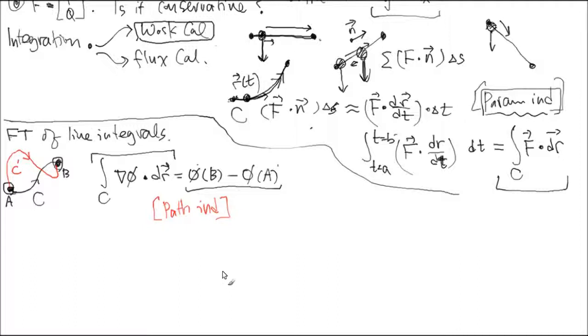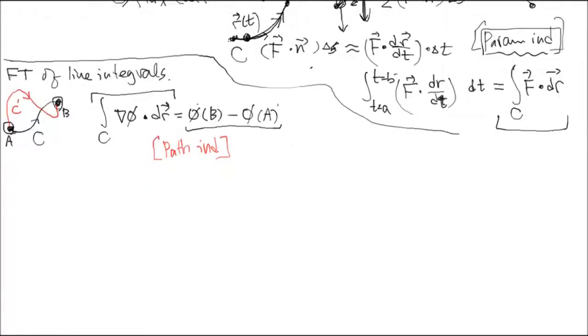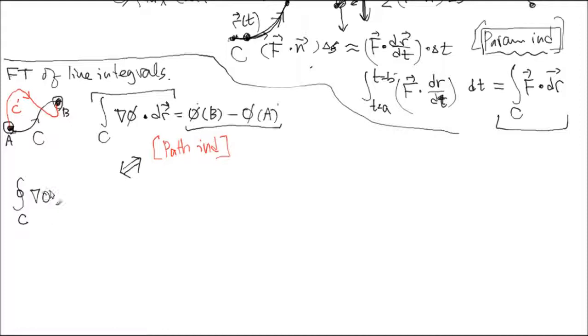So that's a review of these line integrals of real-valued functions. All right, so that's great. It has this path independence property. And typically this path independence property is described like this: the integral over C, with a little circle around it, of the gradient vector field dr is 0.